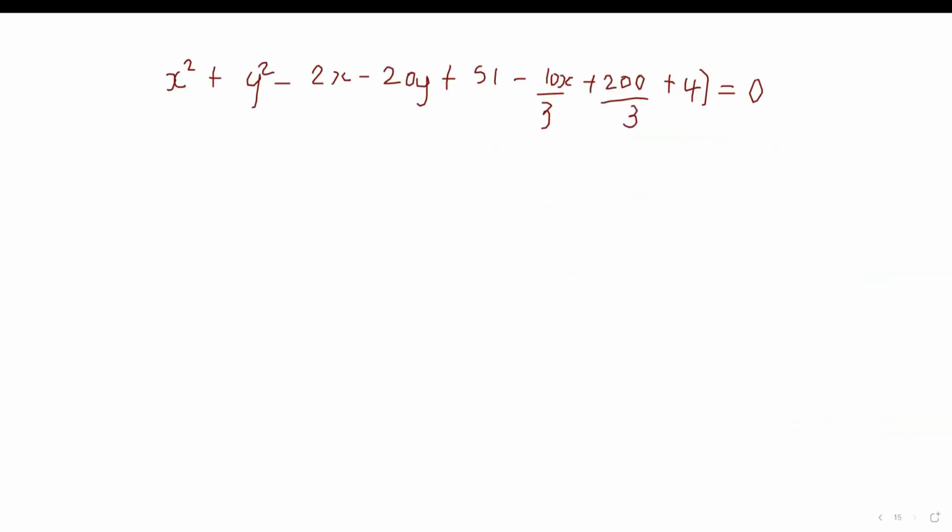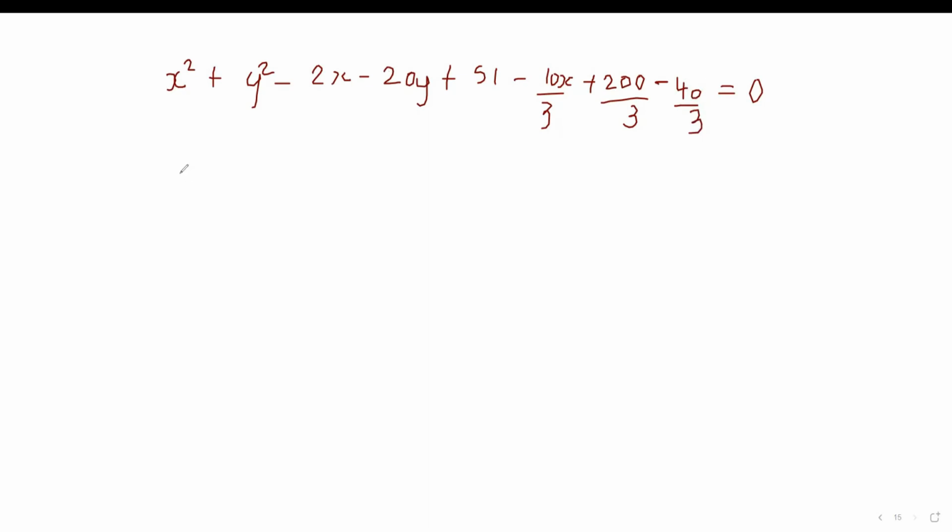Then 10 over 3 times minus 2y would make it minus 20 over 3 y. Then 10 over 3 times 4 would make it plus 40 over 3. All I did was expand in lambda.